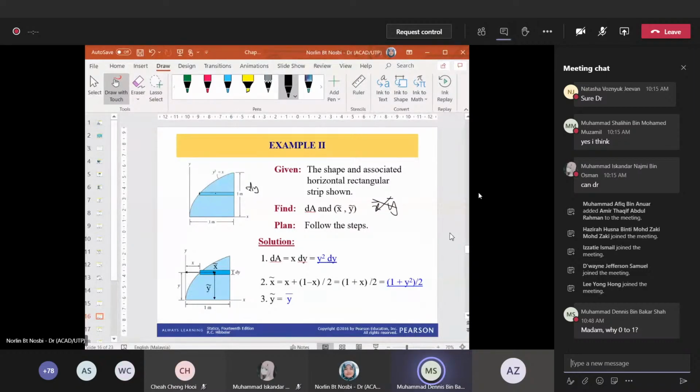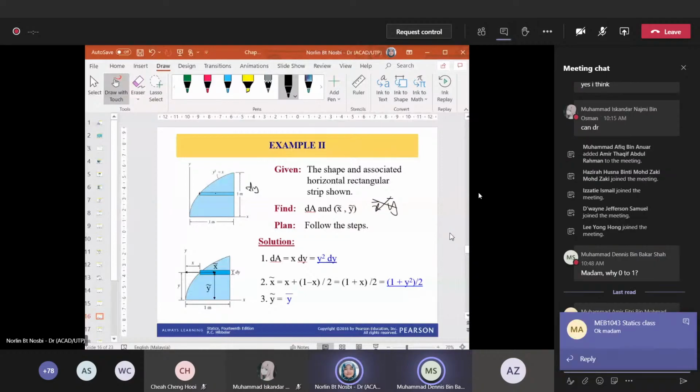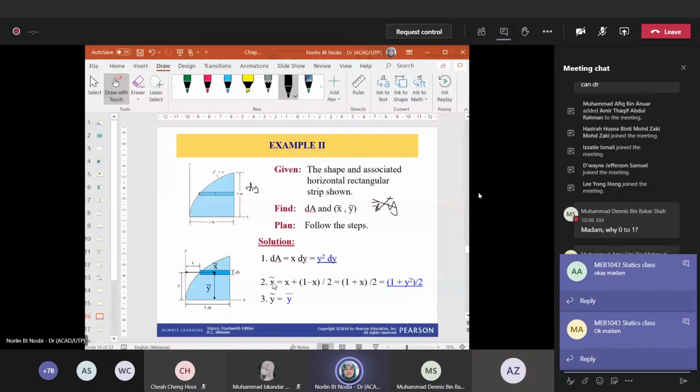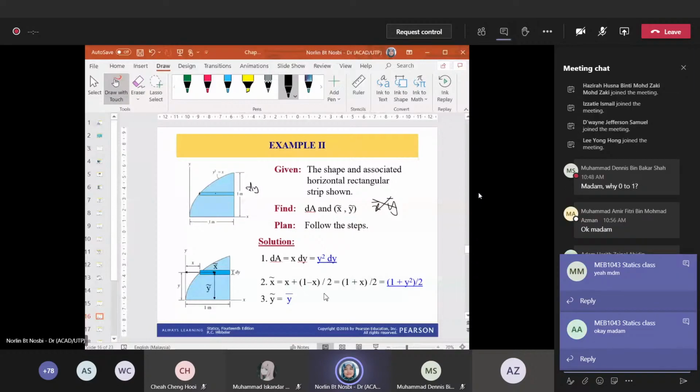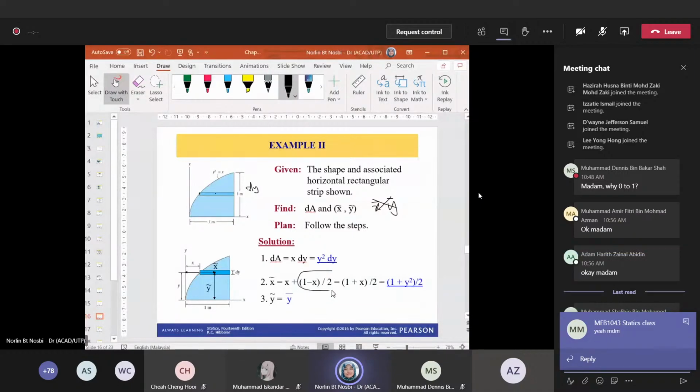Madam, I don't understand step 2, the x. This one, right? Did you mean this one? Yes, madam. X plus (1 minus x) over 2, right? If you look at this first, 1 minus x would be the length of this rectangle, right?